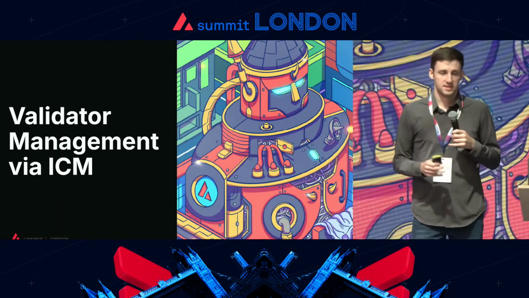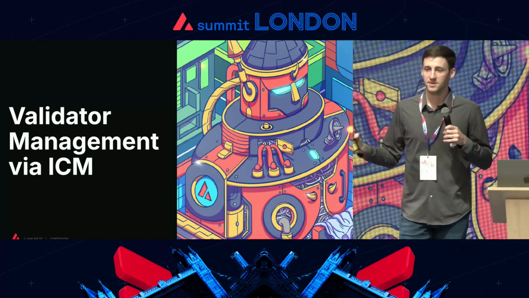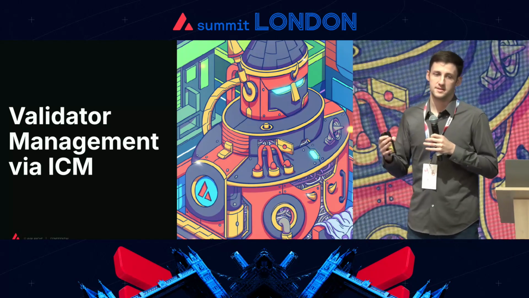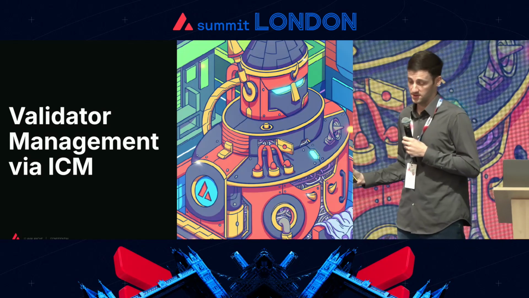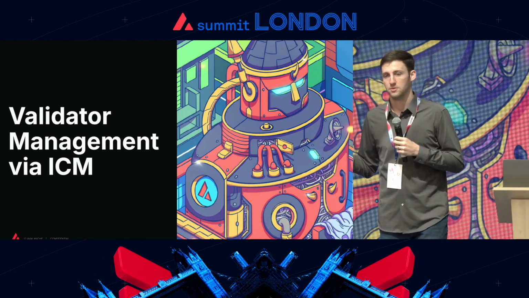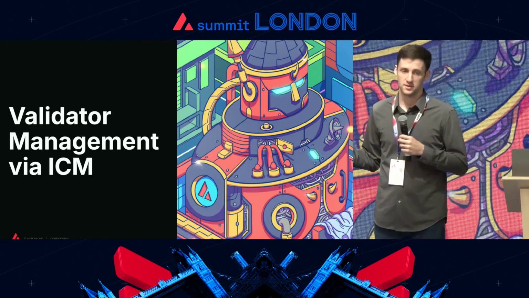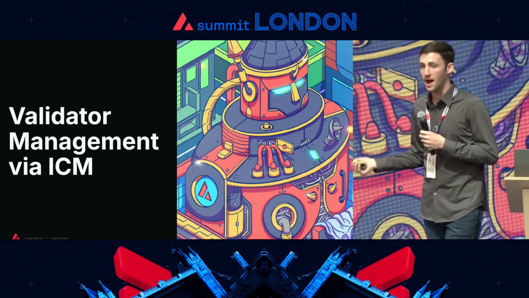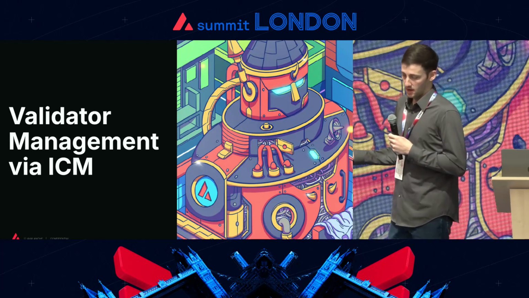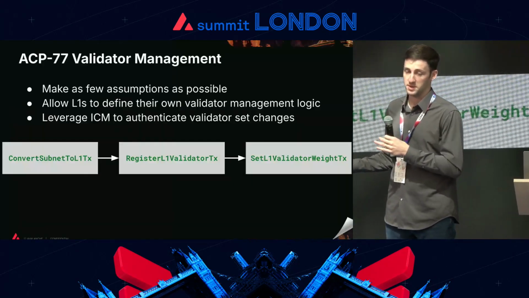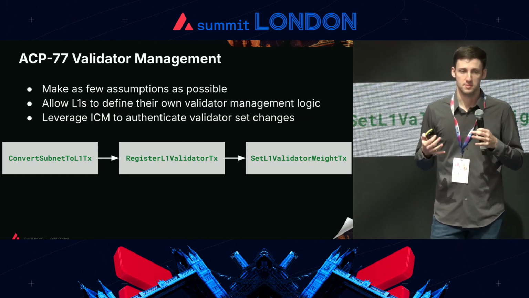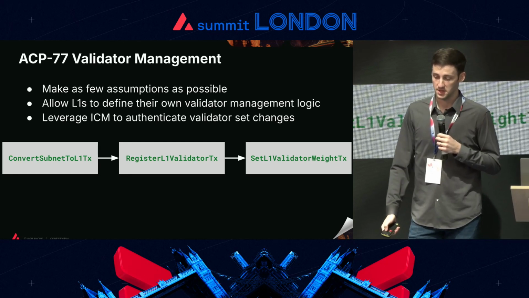So then ACP77 came around, redefining subnets as L1s, removing the requirement that L1 validators need to be primary network validators, and also completely changing how validator management could work on the P chain. And the way that it works now is via ICM, interchain messaging, which hopefully you all know a little bit about already, but it's the BLS multi-signature-based scheme to allow for interchain communication on Avalanche.